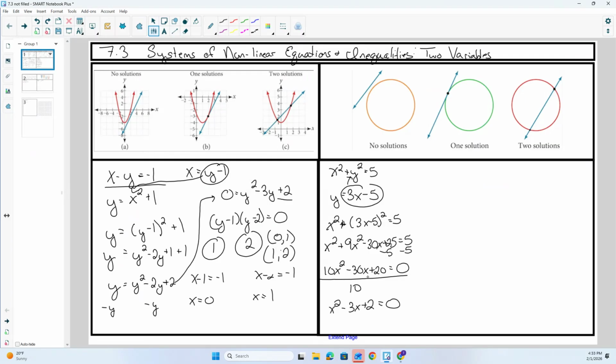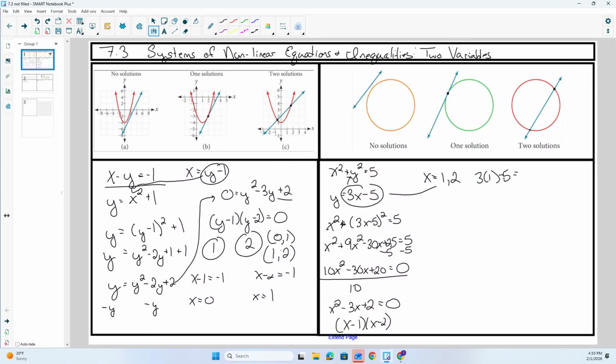Well, this is kind of nice. We just saw this in the previous problem. So that means that x is going to either equal 1 or 2, because this factors as x minus 1 and x minus 2. So now once I have my x, I'm going to stick these into this equation. It's my second one, so I'm going to say 3 times 1 minus 5.